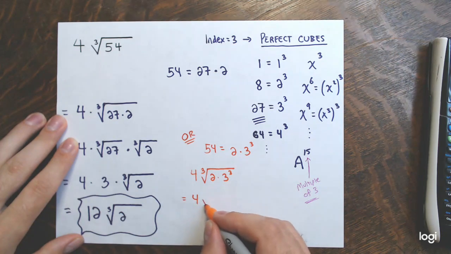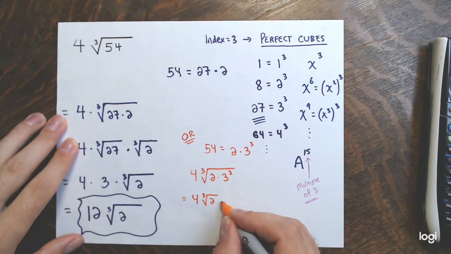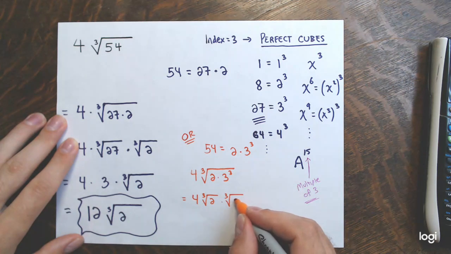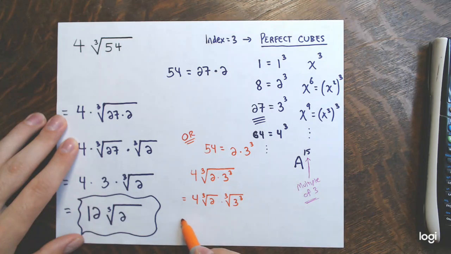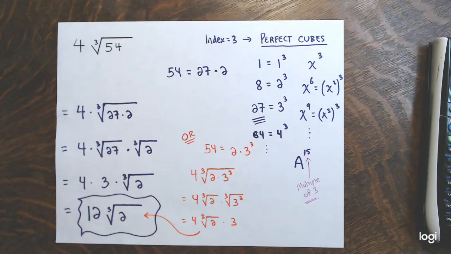This would be 4 times the cube root of 2 times the cube root of 3 cubed, and then this cube root of a perfect cube, the cube root of 3 cubed, right, would just be the 3 again, just 3. And then you can rearrange these factors so that you multiply the ones without roots around them. The 4 times the 3 would be a 12, and then you'd have the other factor of the cube root of 2. So I end up with 12 times the cube root of 2 again. Alright.